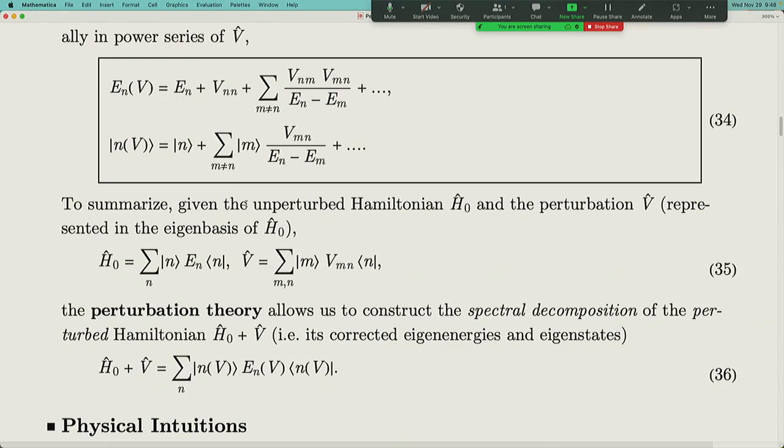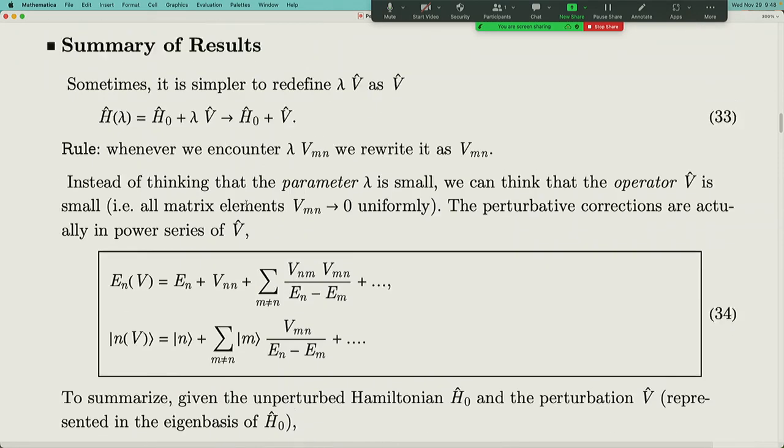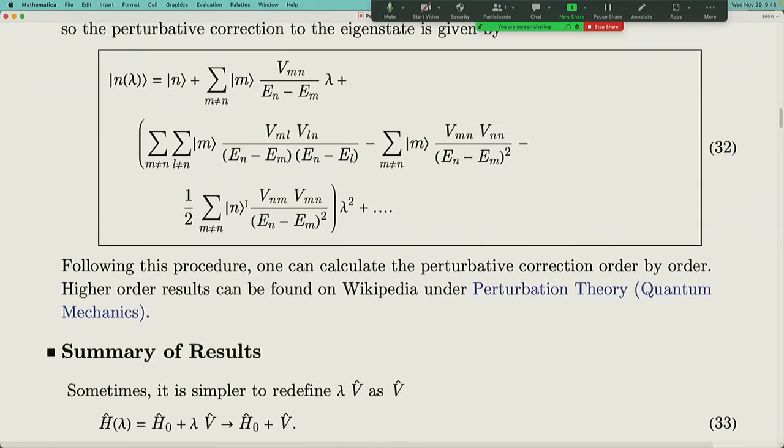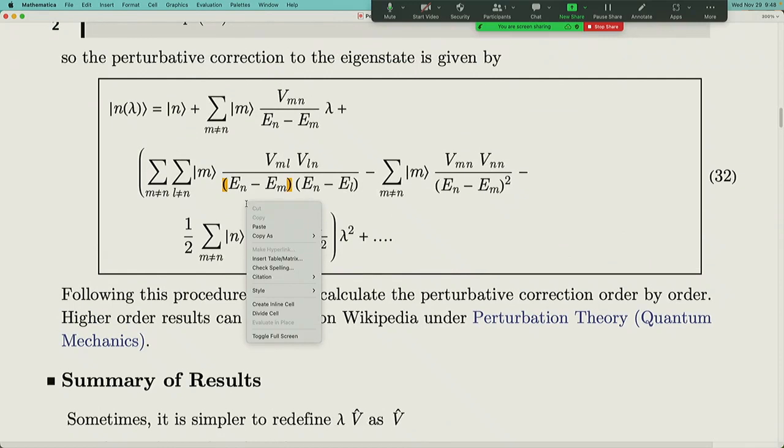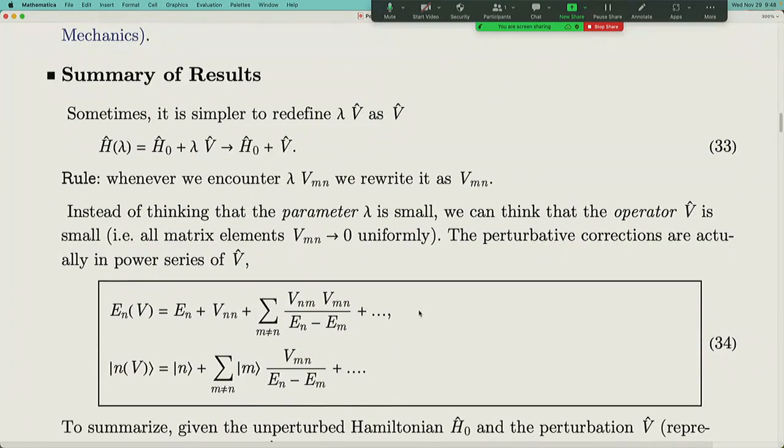In this expression, I have secretly replaced all the lambda times V by V. If you look at the above expressions, every time you have a V, it always comes with a lambda. If you have V squared in the numerator, it comes with lambda squared. So we can always absorb lambda into the operator V, because V is an operator, and multiplying by a constant lambda still gives an operator.